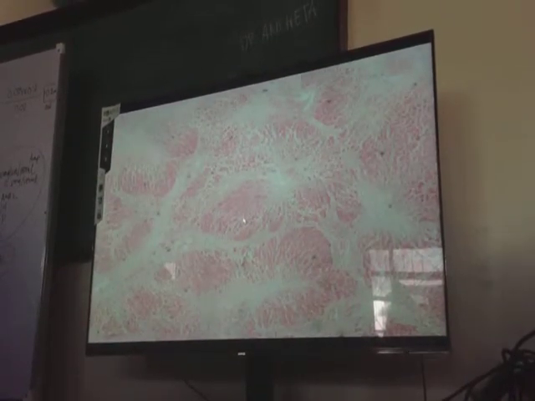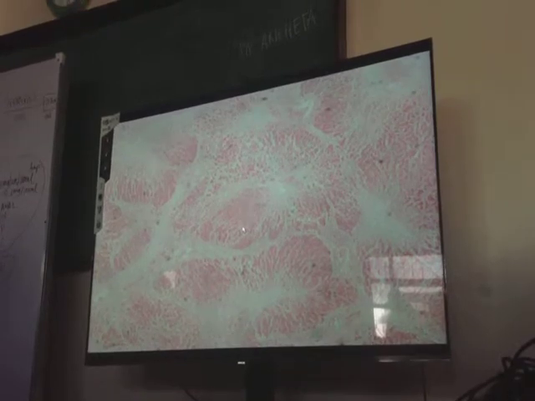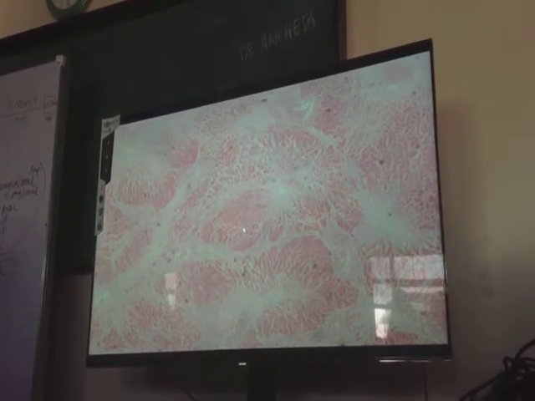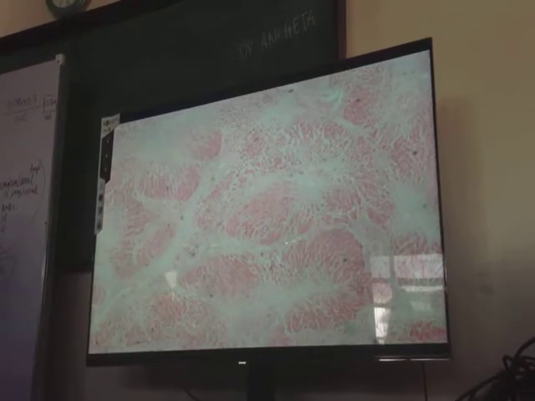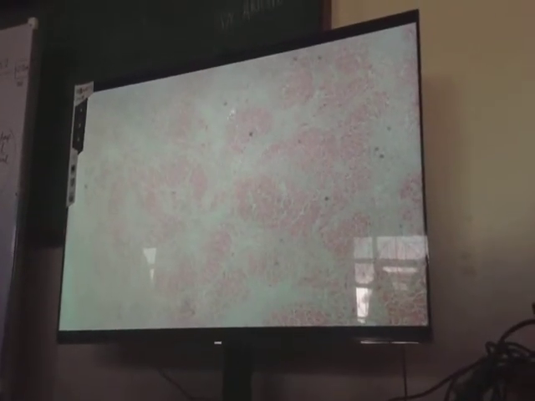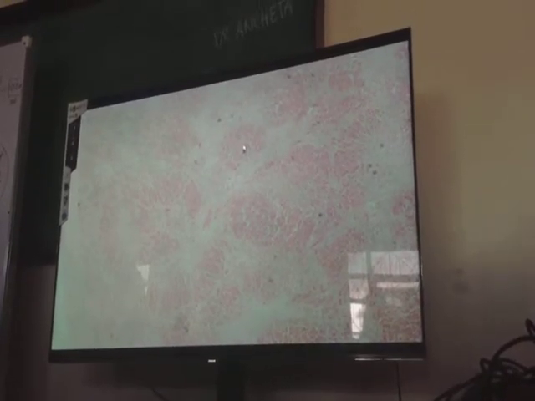At first glance, what should be your diagnosis? Ano? There is bridging fibrosis, regenerative nodules. What should be your diagnosis? Extensive bridging fibrosis with regenerative nodules are characteristics of cirrhosis.